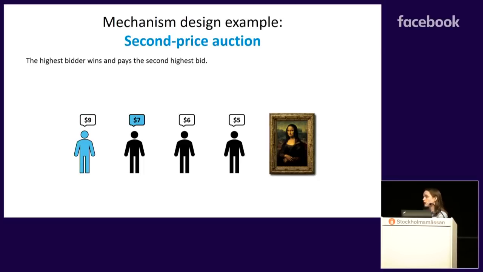A similar auction is the second price auction, where this time the highest bidder again wins, but he pays the second highest bid. So in this case, this blue bidder is going to pay $7 because that's the second highest bid. And this auction has many nice qualities that we're going to talk about later on.